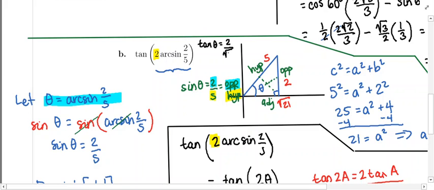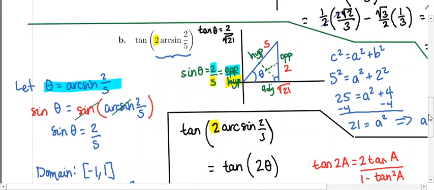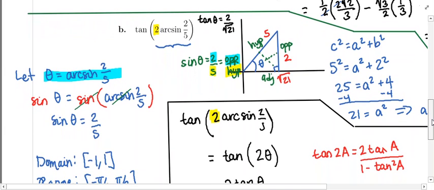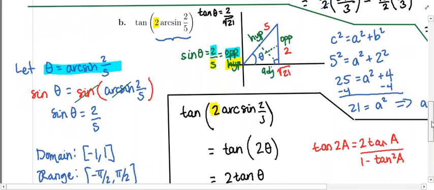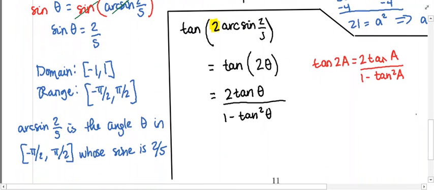Since we're still going to be doing some more calculation, you can just save rationalizing for the final answer. You don't have to rationalize at this point. Just make sure you've got the opposite over the adjacent, 2 over the square root of 21. That's what we're going to plug in for the tangent of theta.